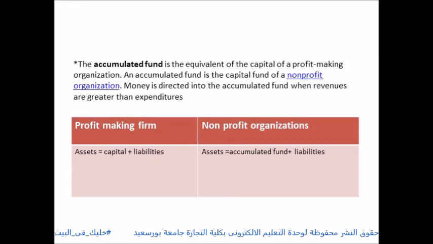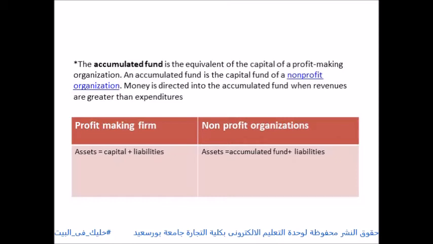The accumulated fund is the equivalent of the capital of a profit-making organization. An accumulated fund is the capital fund of a non-profit organization. Money is directed into the accumulated fund when revenues are greater than expenditures.